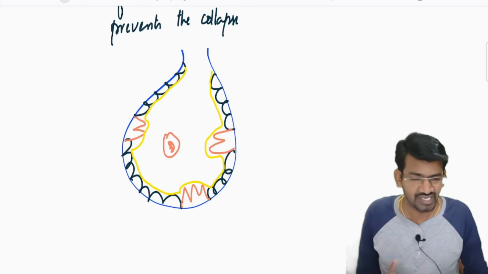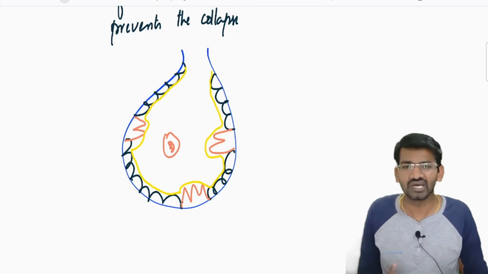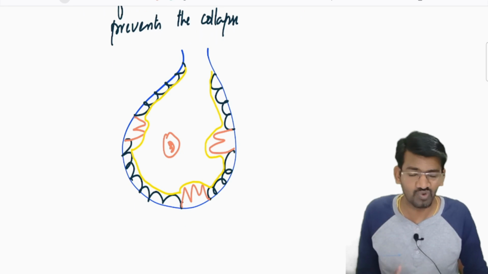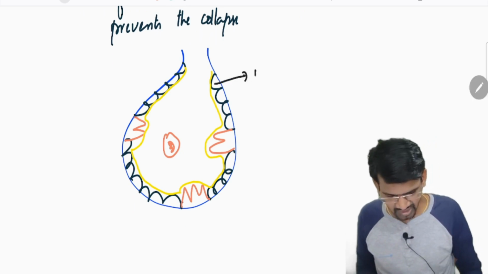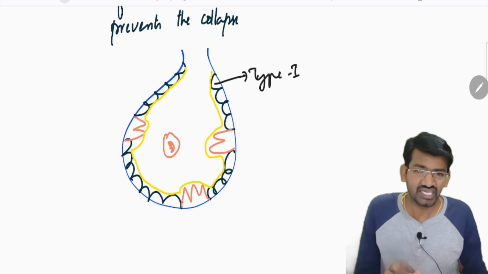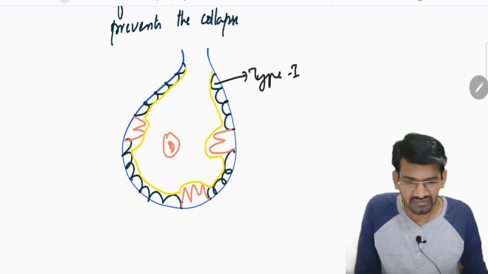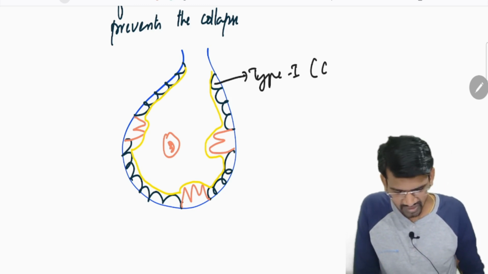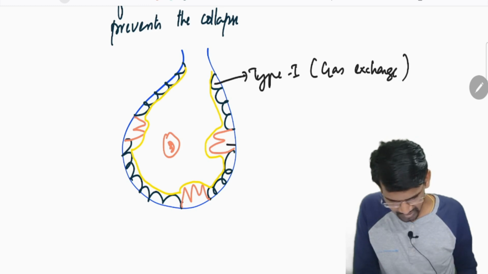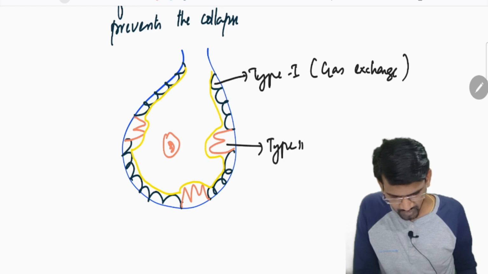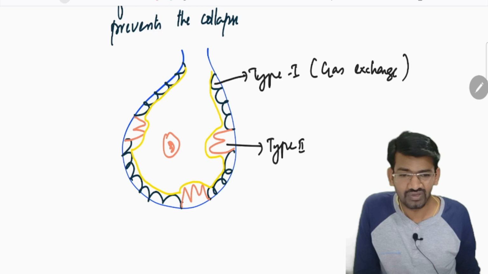One is type 1 pneumocytes, or type 1 alveolar cells, and the other is type 2 pneumocytes. See here in the picture, these are the type 1 cells, where the actual gas exchange takes place. And these are the type 2 cells. The red color you see here is the type 2 pneumocytes or type 2 alveolar cells.